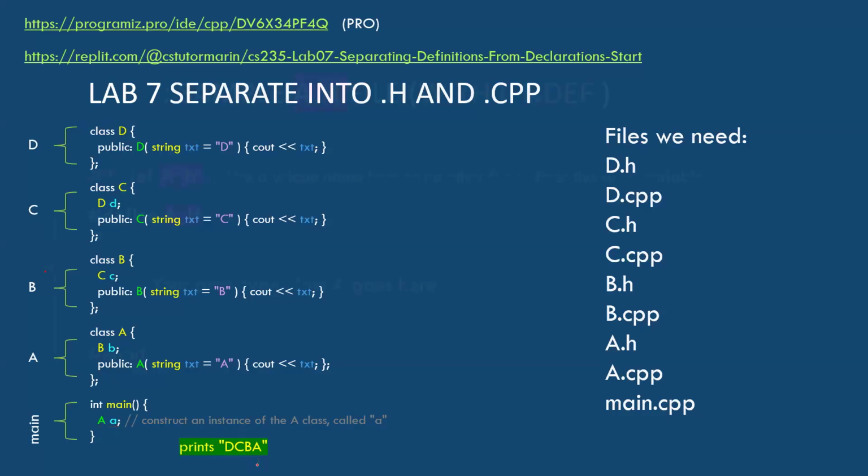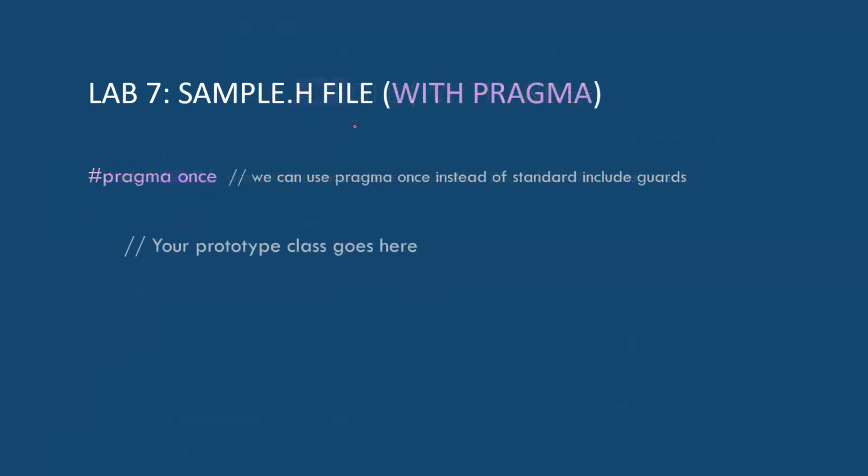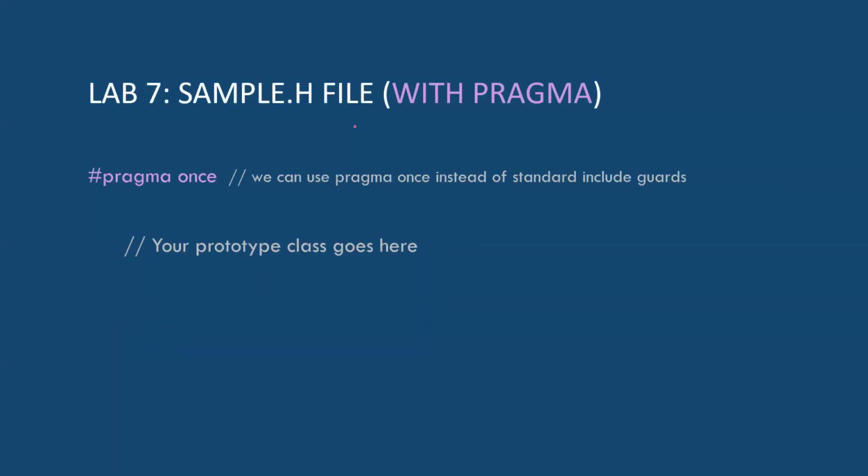But ideally, I'd like to see these files from you. And you can either do it this way, right? Make sure you change this name to be whatever the .h file is you're in, right? Or you can do the pragma once, which is just easier to deal with. Okay. So that's an annoying little lab, but a good warm up for where we're going.